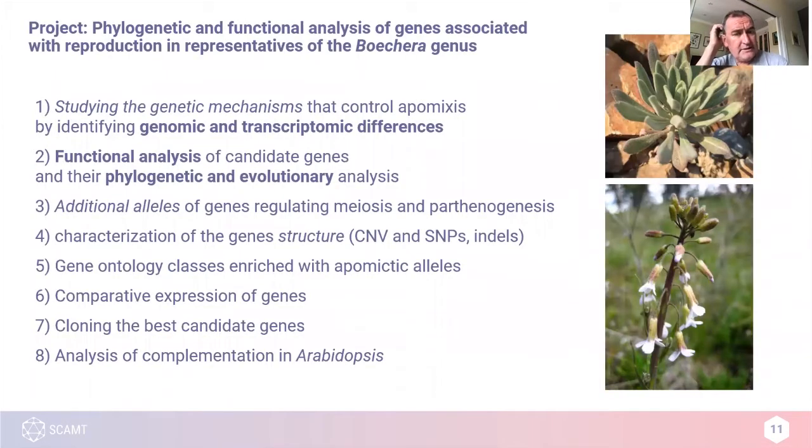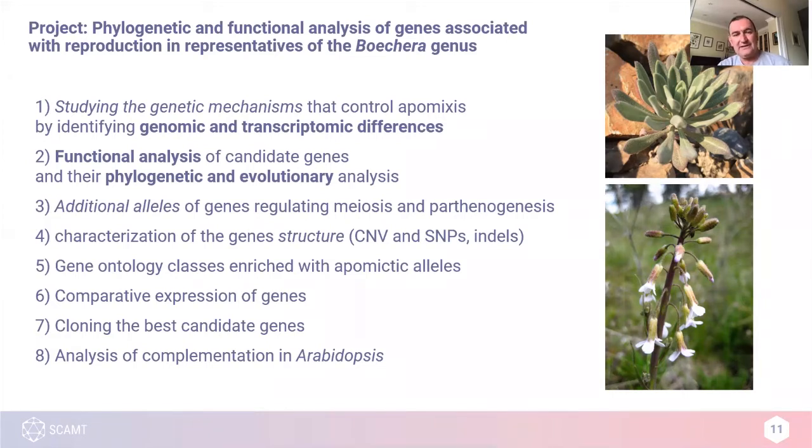Also, a very important project which we run is the phylogenetic and functional analysis of genes associated with reproduction in representatives of the Boechera genus, a very interesting genus from the Brassicaceae family, and a close relative of Arabidopsis, for which functional annotation and a genome database are available. We also study genomic and transcriptomic differences of apomictic and sexual lines. We perform functional analysis and phylogenetic analysis.